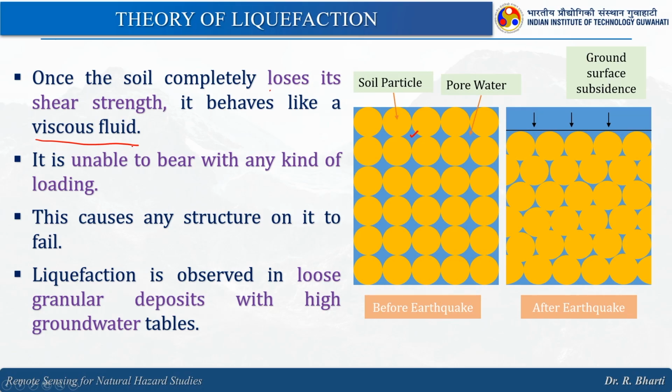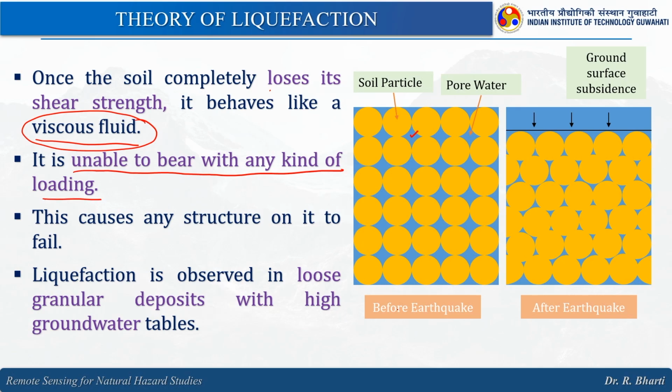I gave you the example of 1 cup of soil or sand with more water, the saturated one. Then you try to pour it out and it will start flowing, behaving like a viscous fluid. It is unable to bear any kind of loading.